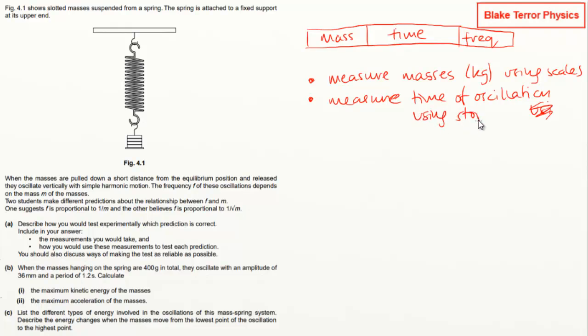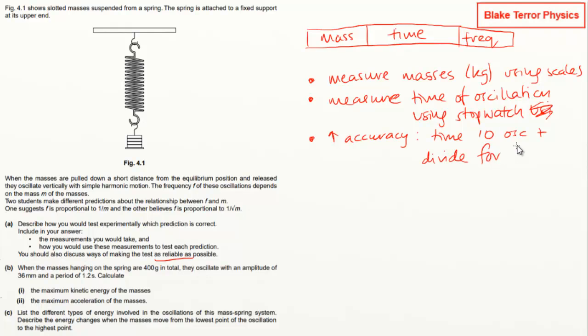So it's the same old approach we have on all of these things. You could say that for increased accuracy, because they want it to be as reliable as possible, we'll measure the time of say 10 oscillations and divide by the number of oscillations to get the time for one oscillation.